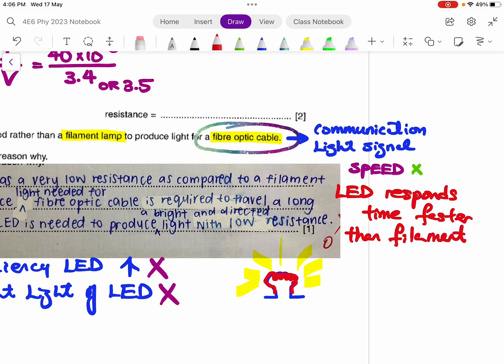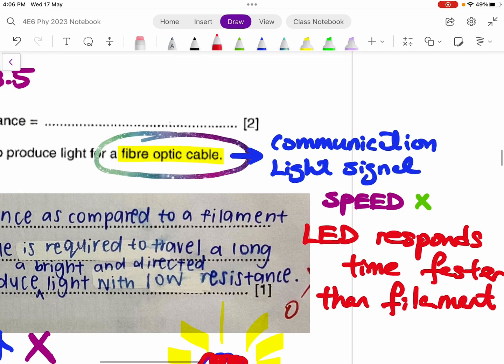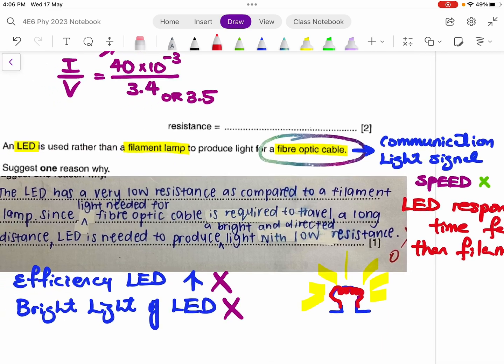Okay, so this is a stretching question. Why? Because it really checks whether you have this general knowledge on, number one, do you know how a fiber optic cable works? Do you know what it does? And number two, do you know the difference in terms of how light is generated in a filament lamp versus an LED? So for LED, you do not know how it generates light, right?